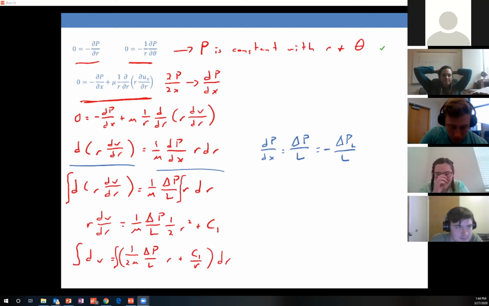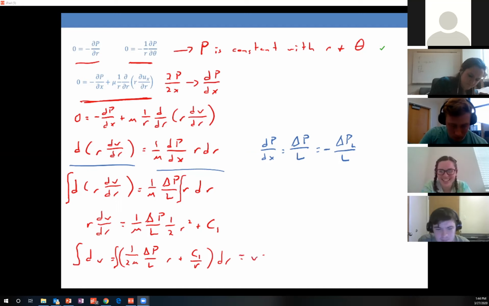So we're going to have v on the left, and that's going to equal 1 over 4 mu, right?